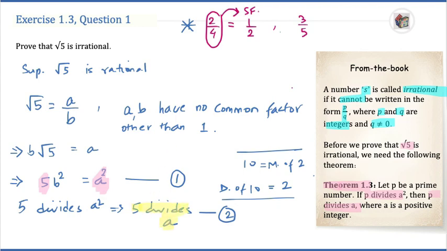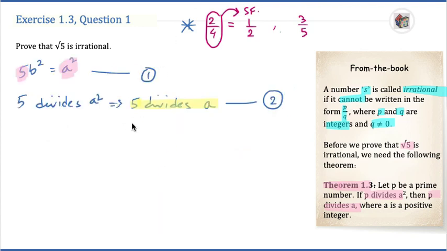So 5 divides a. Okay, now again 5 divides a means that a is a multiple of 5. And if a is a multiple of 5, then you can say a is equal to 5 times c, for some c, which is randomly using some letters, right? It's a variable. So it's for some integer c that a will be equal to 5c.